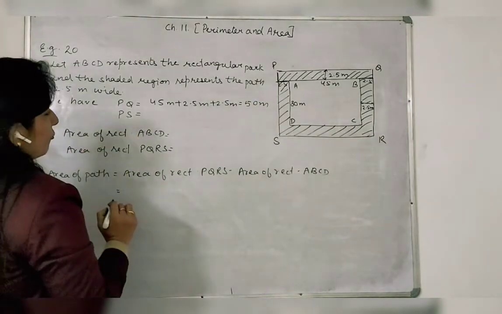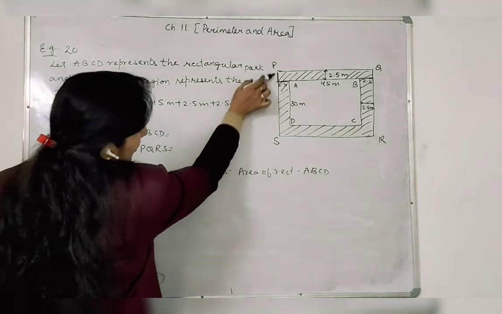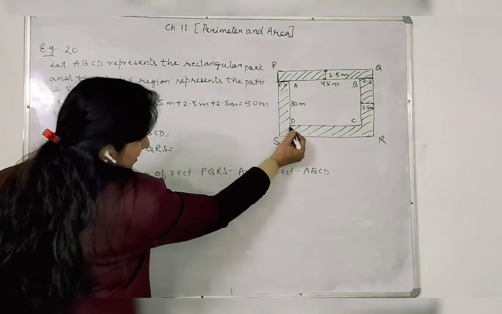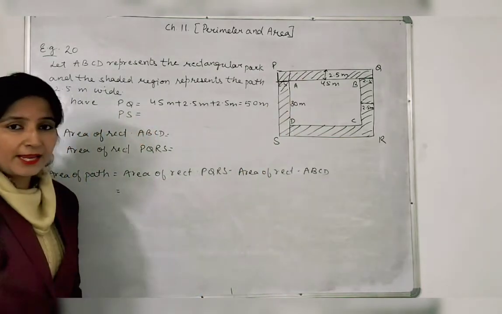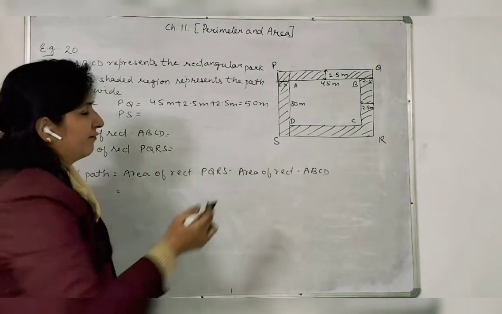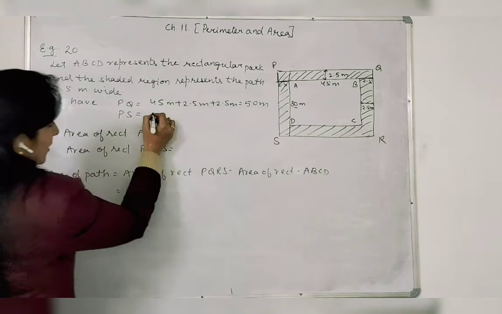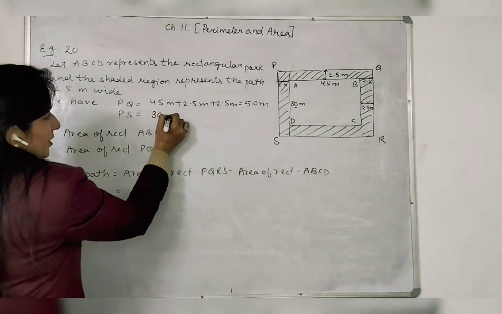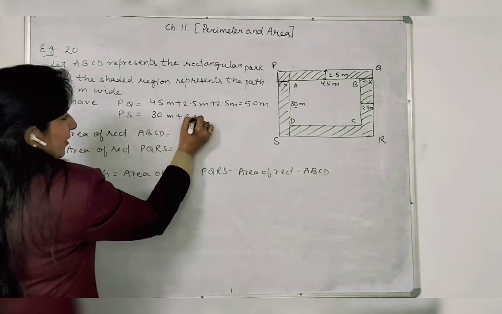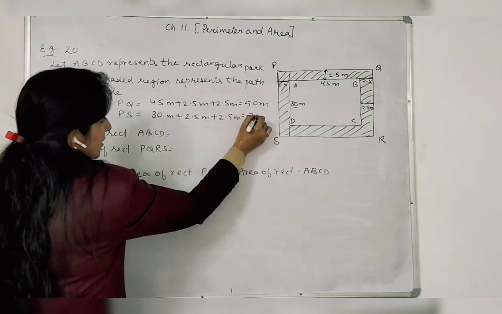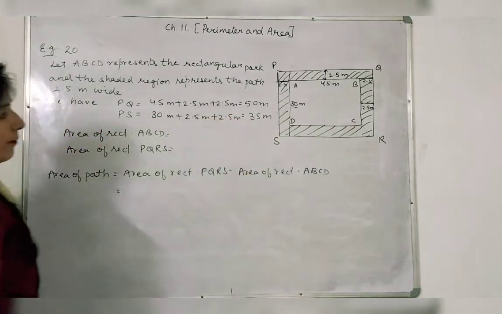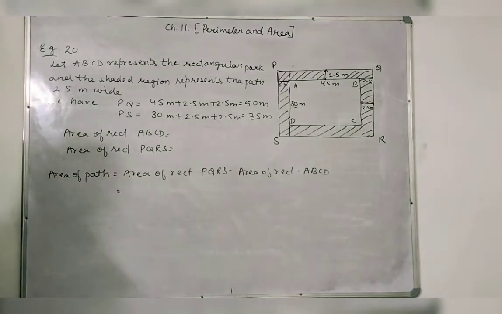Now similarly for PS, you can see this is 2.5 width, this is also 2.5. Again two times 2.5 we will add to 30. So 30 meter plus 2.5 meter plus 2.5 meter, that is 35 meter will be the length of PS, basically the breadth of the outer rectangle.